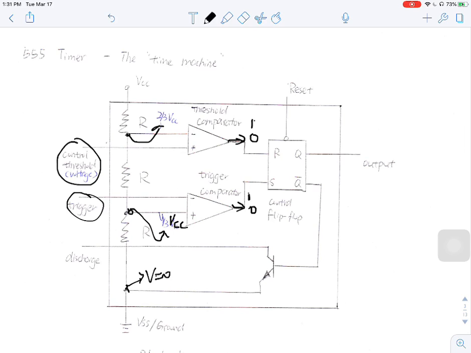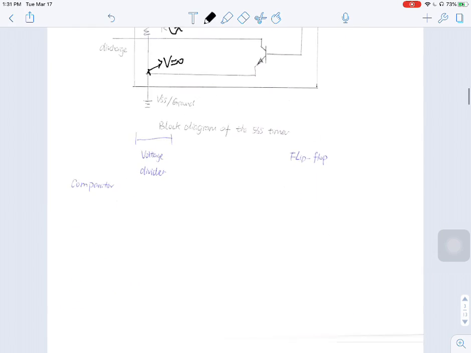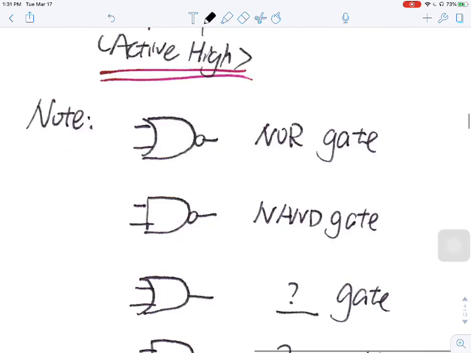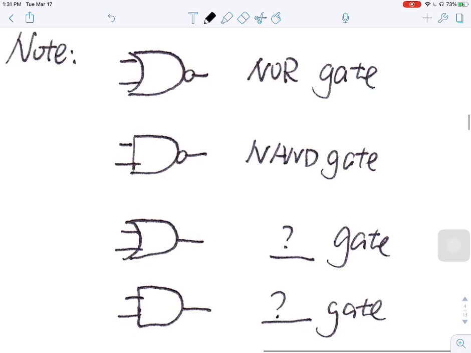And I want you to recall what we learned for logic, all the logic gates. Remember how many logic gates we learned? We learned tons of logic gates. Let's fast forward a little bit. Okay. Remember that? Let's review this. The first logic gate that looks like that, with a circle here, is called a NOR gate, right?